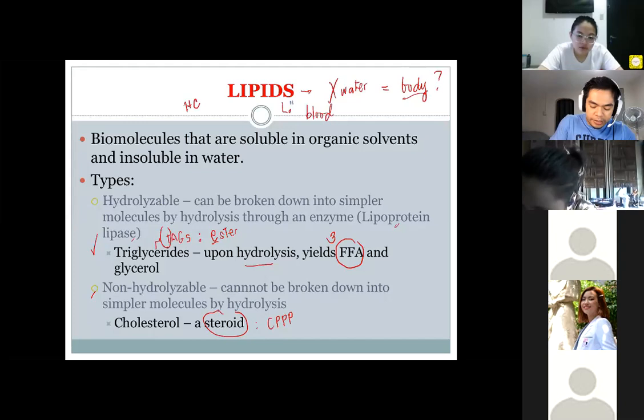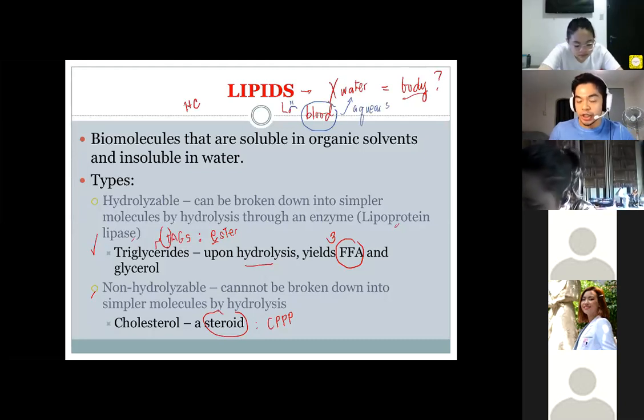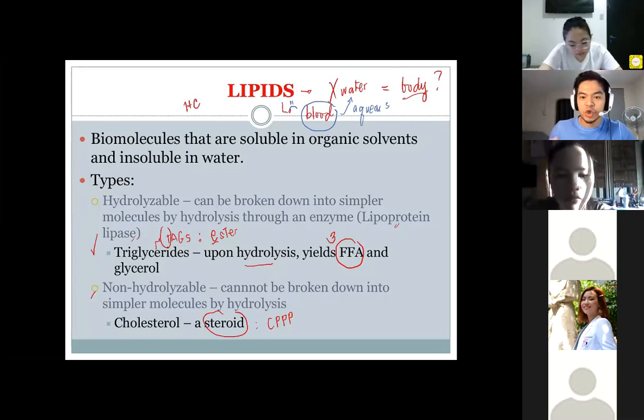This is the sad thing about lipids. Remember, blood is aqueous in nature. So this is rich in water. So with that being said, do you think would it be harder for the blood to transport lipids considering that the blood is aqueous?